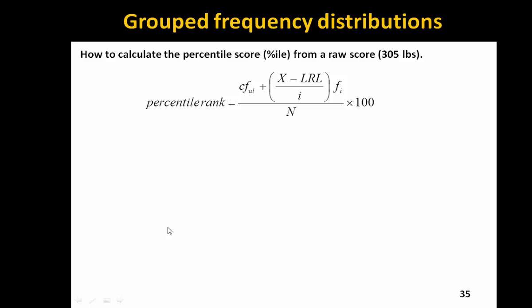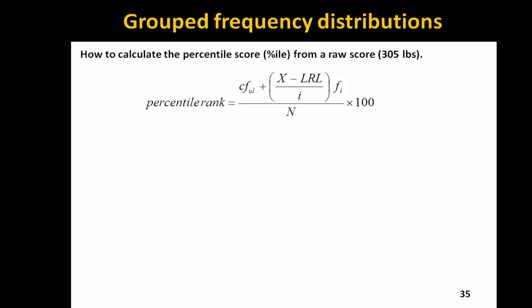So now the next question is to calculate the percentile. If we have a player that comes into a team at 305 pounds, we want to determine the percentile of that particular player. As we saw in the previous approach, computing a raw score from a percentile, this is a prescribed approach in which we use equations.